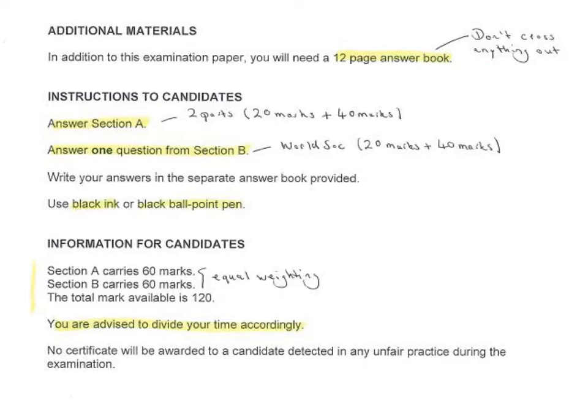Instructions to candidates: you have to answer section A, and there are two parts to section A, as we'll see in a minute, a 20-mark question and a 40-mark question. Then, as we see when we look at the paper, within section B there are actually 4 options, and you only do the world sociology option.